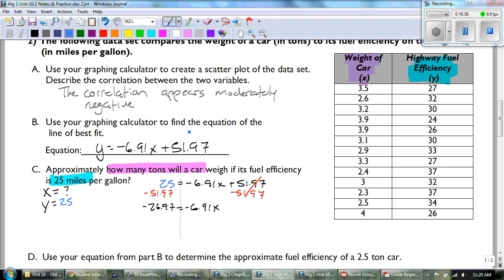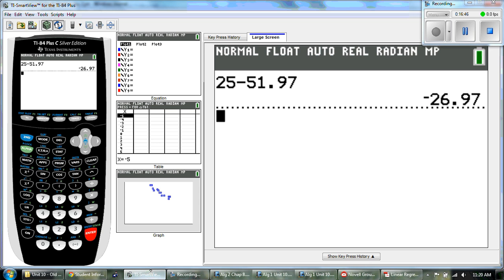Is the X by itself yet? When we're multiplying, the inverse operation is division. So now I'm going to take my answer. I don't need to retype it. I can just hit divide if I haven't done anything else. And I'm going to divide by negative 6.91.